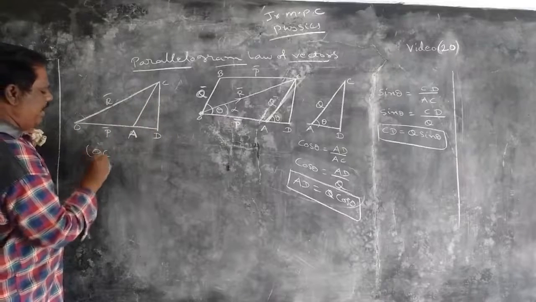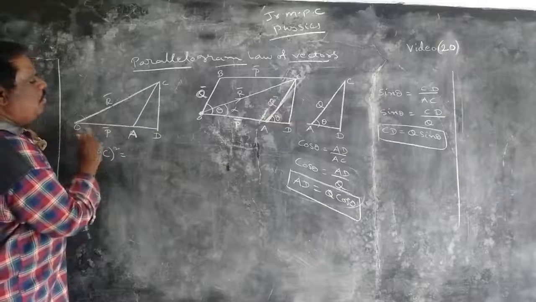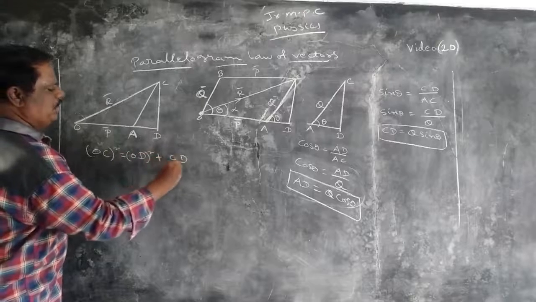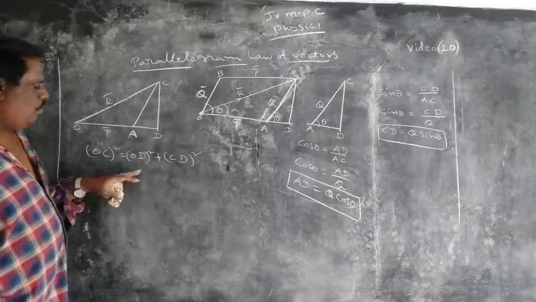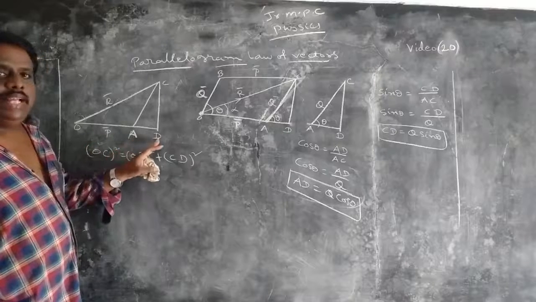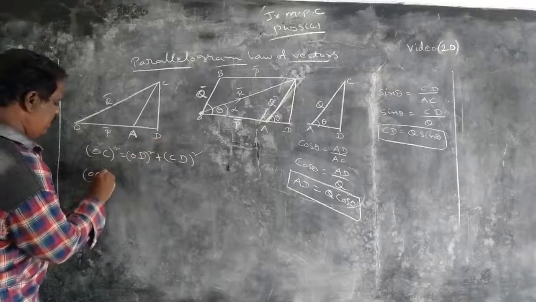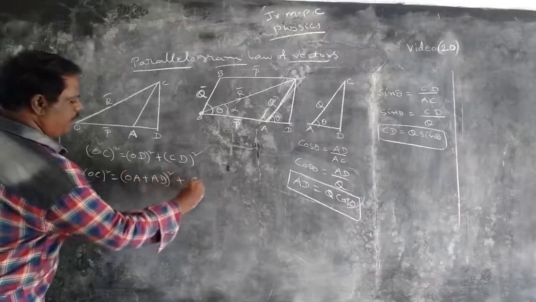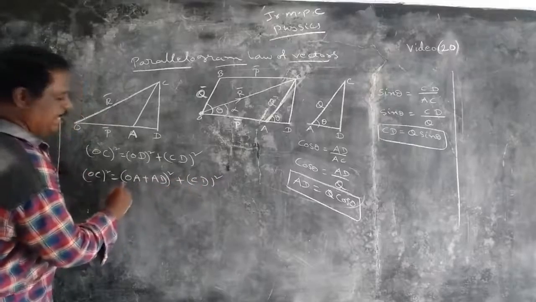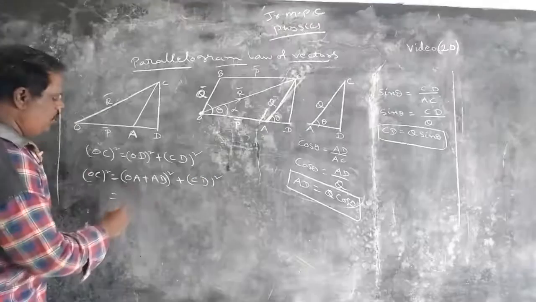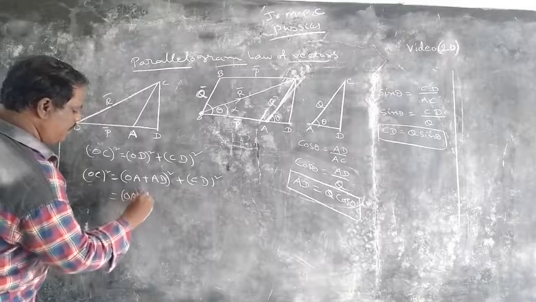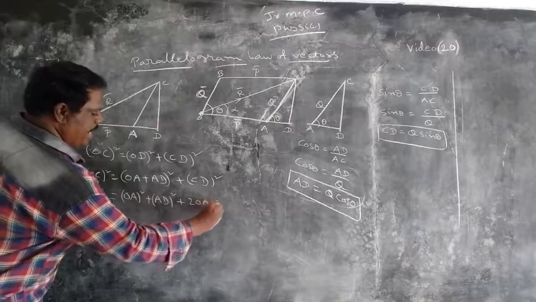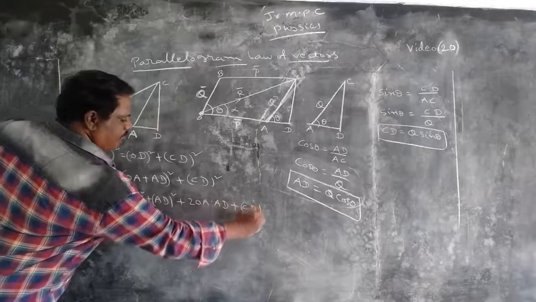Then OC square is equal to OD square plus CD square. But OD is nothing but OA plus AD. So OC square is equal to OA plus AD whole square plus CD square. This is in the form of A plus B whole square, so it becomes OA square plus AD square plus 2 OA AD plus CD square.